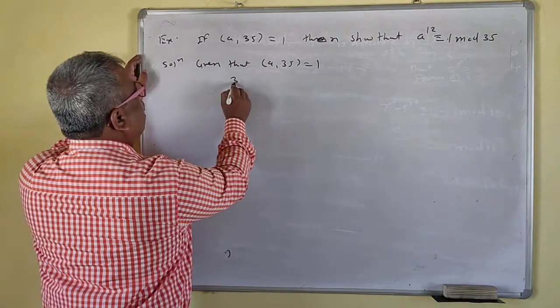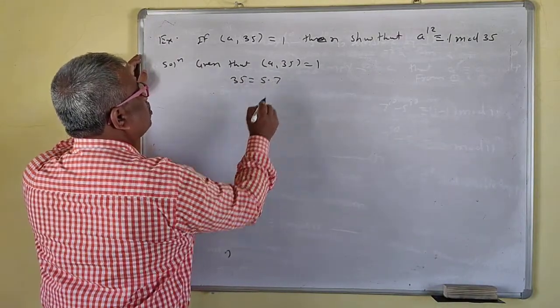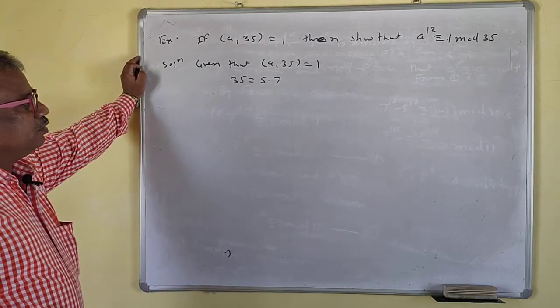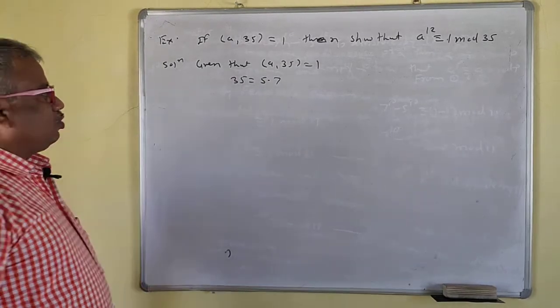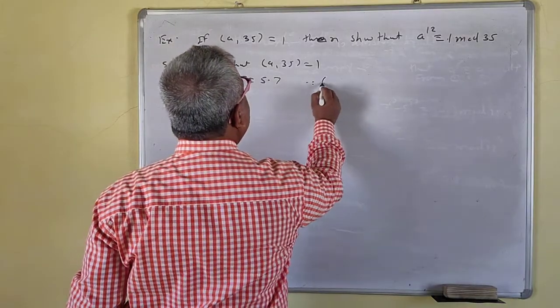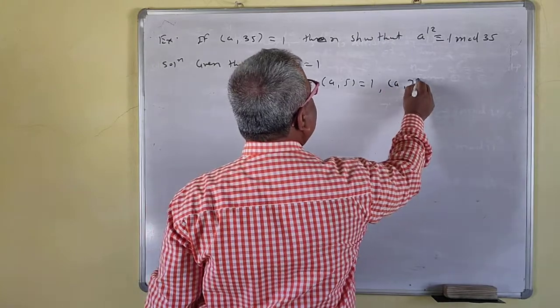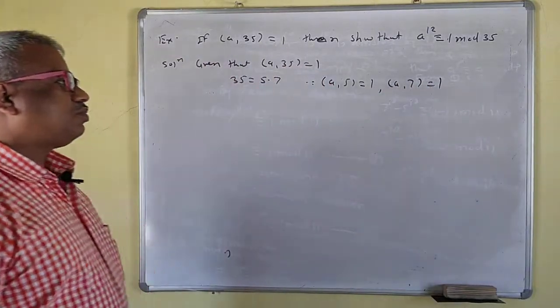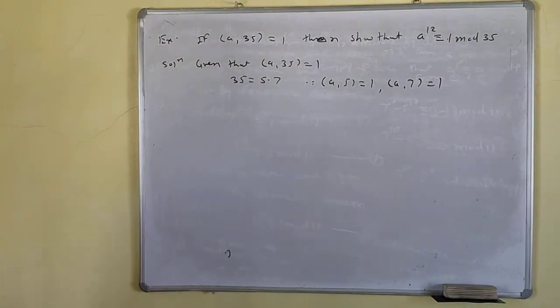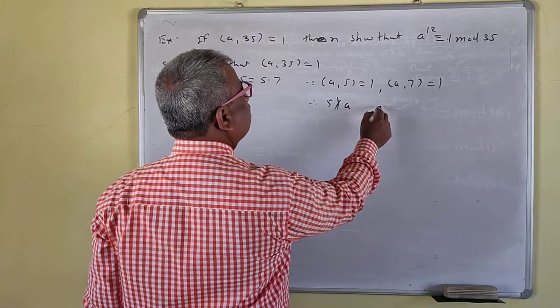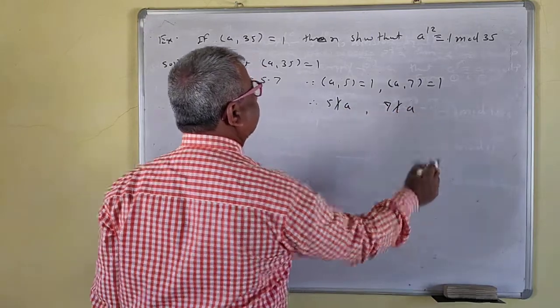35 is the same as 5 into 7. Both are prime. So therefore GCD of a and 5 is 1, and GCD of a and 7 is also 1. That means 5 does not divide a, and 7 does not divide a.